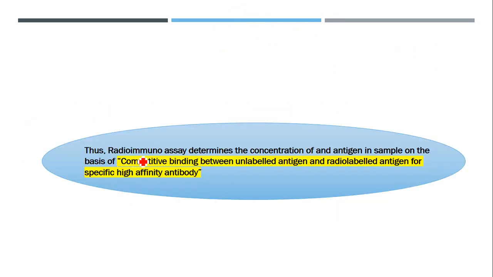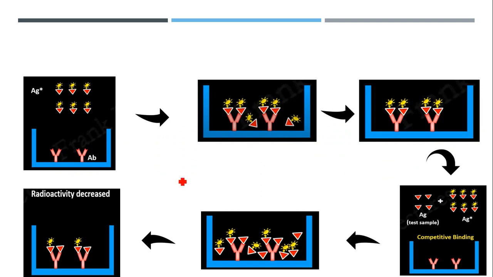Thus, radioimmunoassay determines the concentration of antigen in the sample on the basis of competitive binding between the unlabeled antigen and radiolabeled antigen for specific high affinity antibody. Now see, when we see this diagram, the principle will be more clear. Now see here, these are the microtiter wells which are coated with antibodies.